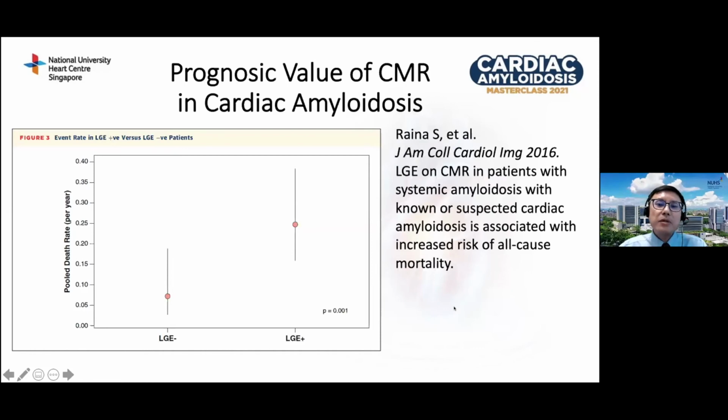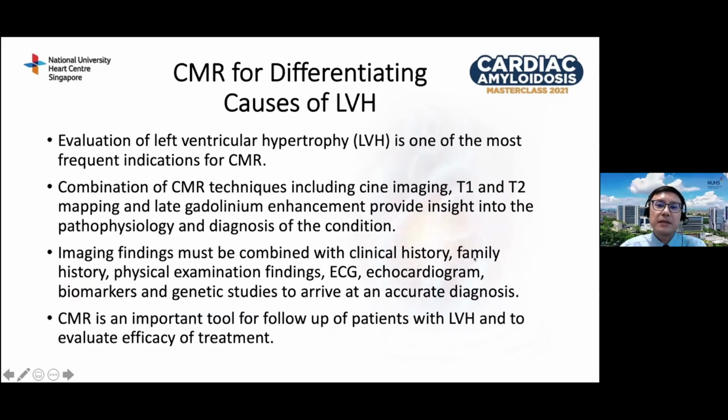CMR can be used to prognosticate cardiac amyloidosis, and it has been shown that just the presence of LGE, late gadolinium enhancement, confers a worse prognosis in patients with suspected or known systemic amyloidosis, as shown in this meta-analysis.